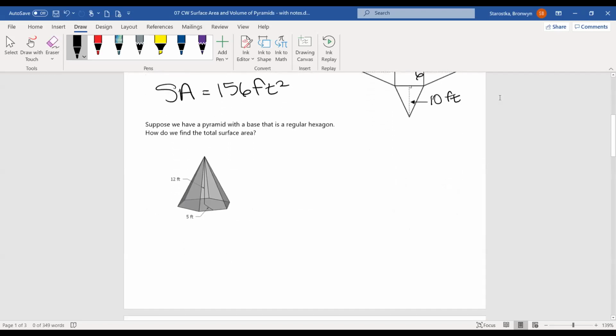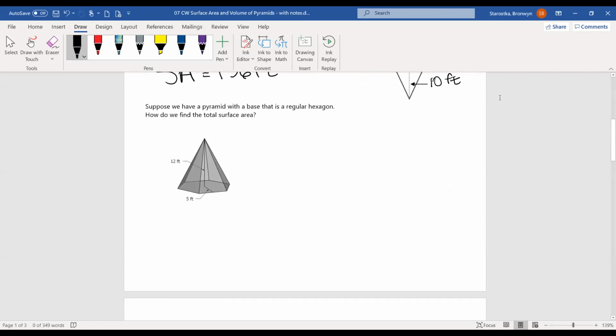For our next problem, we have a hexagonal pyramid. And if we were in class, we would do a lot of whiteboard work and we would talk as a class about what we were looking at. But that's a little hard here. So I'm just going to, for the sake of time, see how they gave us 5? That's the apothem for the hexagon inside one of the equilateral triangles.